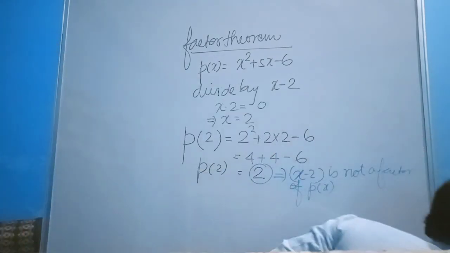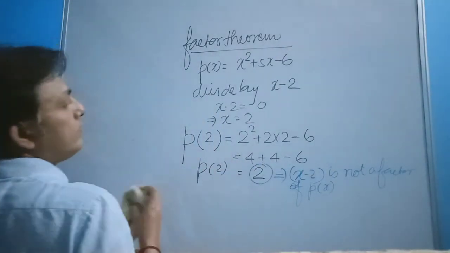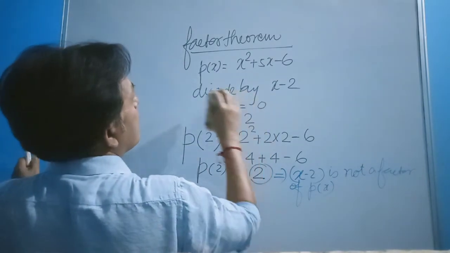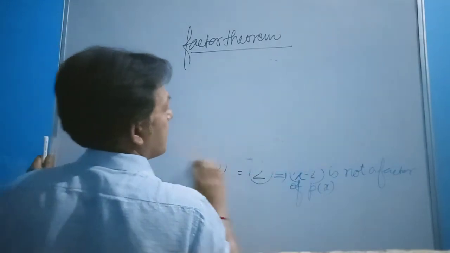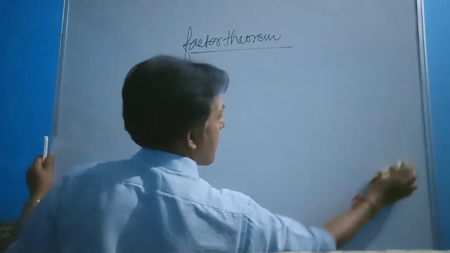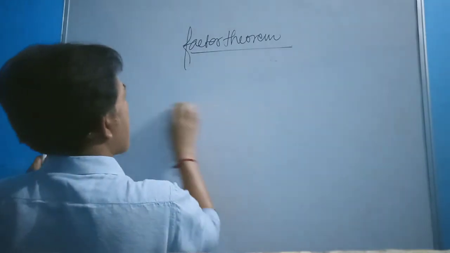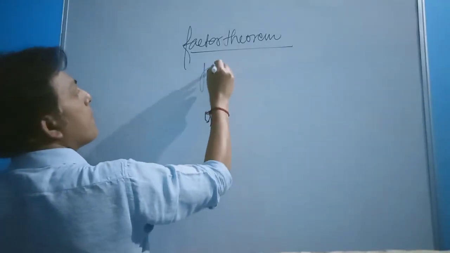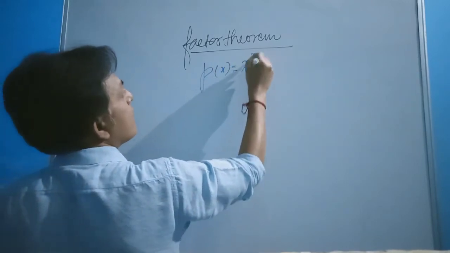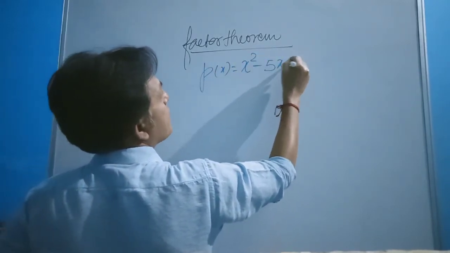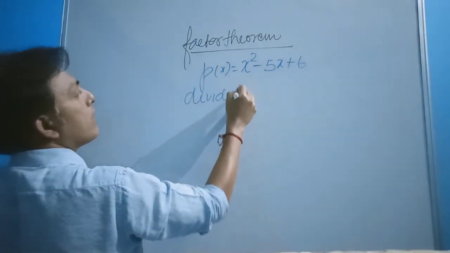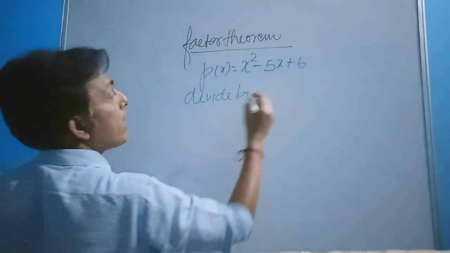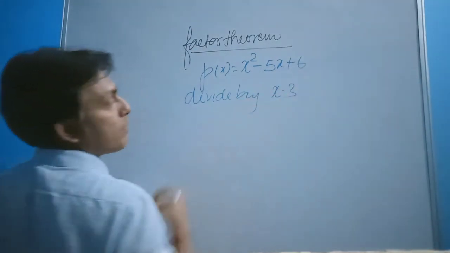Another example. p(x) is equal to x square minus 5x plus 6, and I am going to divide it by x minus 3.